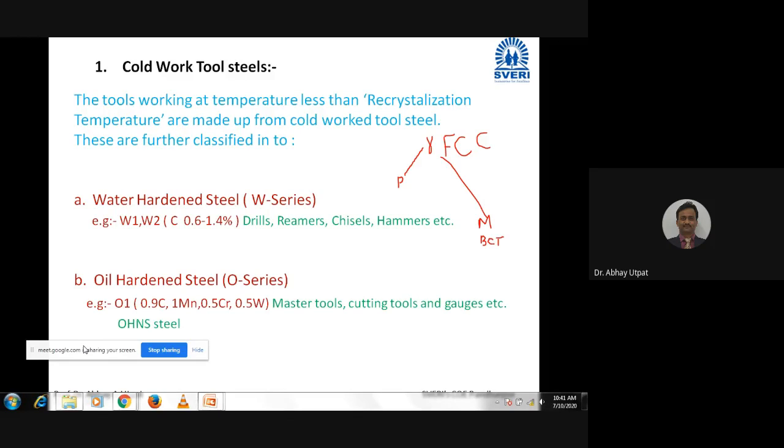Now remember, if you want to make the part hard, it should have hardenability. A part is made hard in a number of ways. First, if you form martensite, and second, if there are more alloy carbides. Remember, I am telling the sequence.